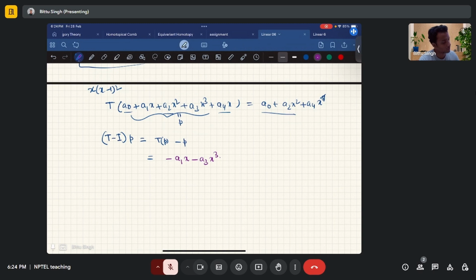Now again we apply T minus I. So (T - I) whole square P is the same as T minus I acting on (T - I)P. I means the identity operator on this vector space.